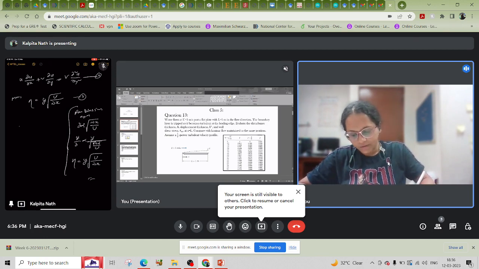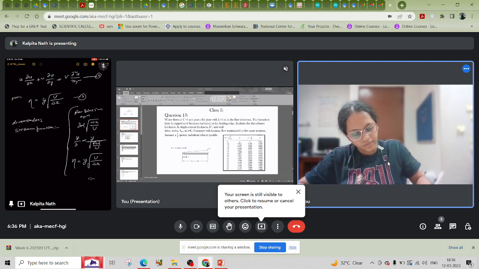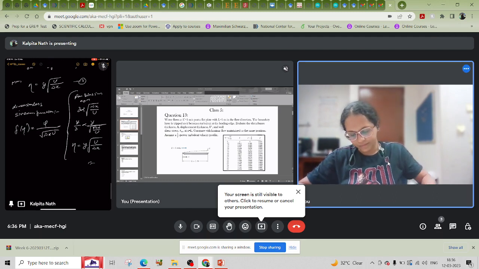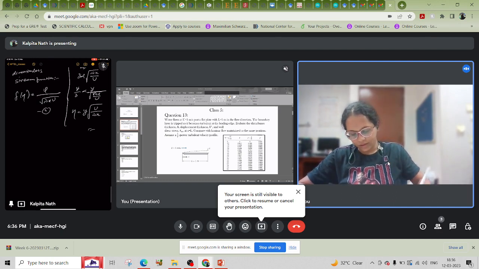So we'll define a dimensionless stream function, that is f of eta is equal to psi by root over nu x u. This is equation 4.